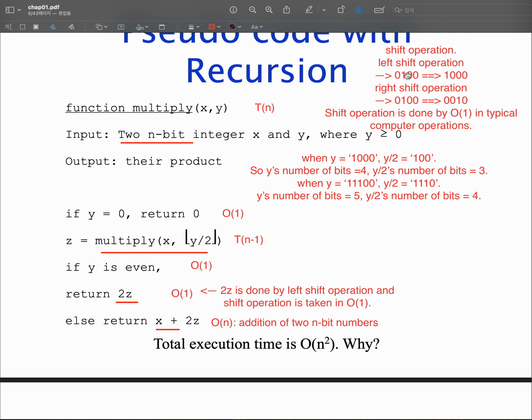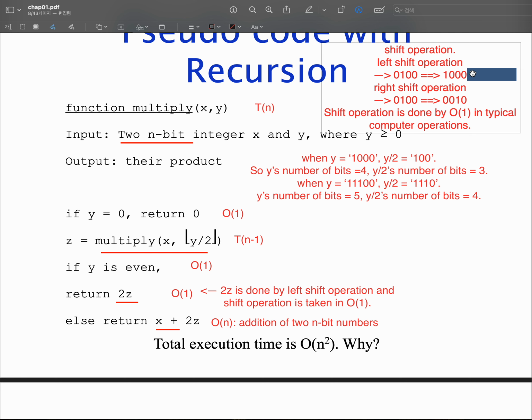Left shift operation is just when you have some binary digit number, just kind of rotating that number. So from here, make it there. In right shift operation, from here, make it like this, okay? So maybe we can give another example like this, okay?